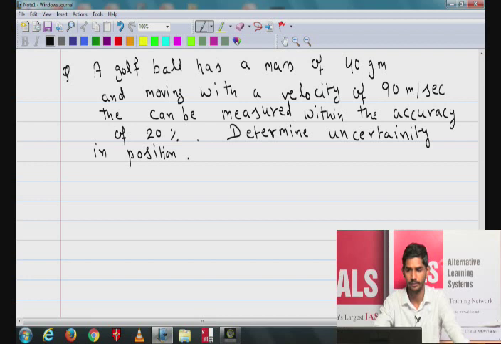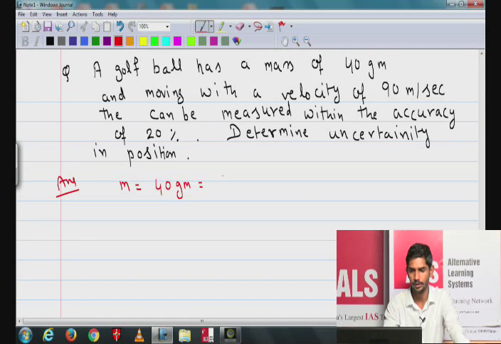Okay, guys, let's attempt this question. You're taking a little bit more time. See, we are given the mass, which is 40 gram. First of all, convert this into kgs. So we have to divide it by 1000. After dividing and solving, we will get 4 into 10 to the power minus 2 kgs.